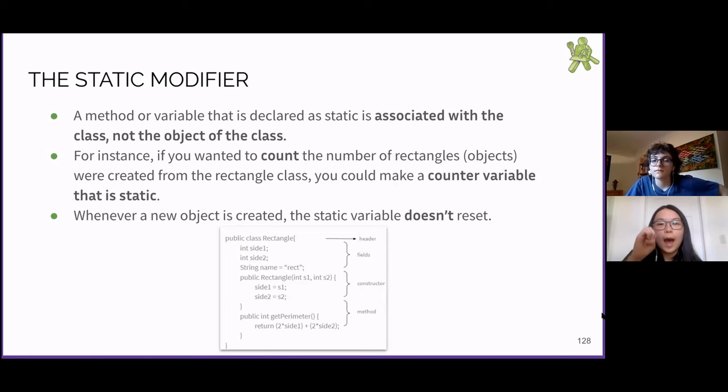If it's static, whenever we make an object the variable increases by 1. So if we make 10 rectangles, the counter will be 10 if it was static. If it was not static, the counter will be 0, because the variable just resets every time we make an object.